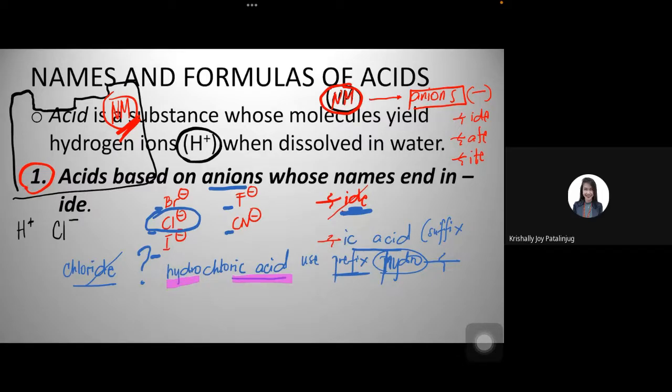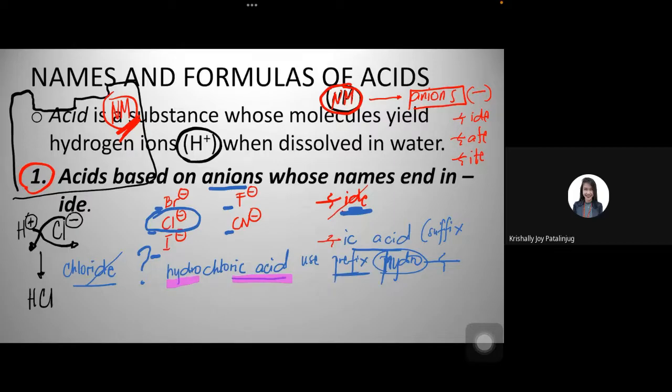Then do the crisscross method that we did earlier to obtain the chemical formula of ionic compounds. The hydrogen ion will act as the cation, and the anion here would be the chloride. So by the crisscross method, the final chemical formula would be HCl. So that's how you derive acid out of anions ending in IDE.